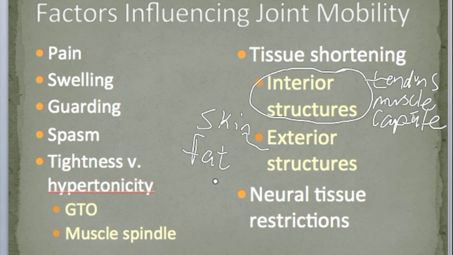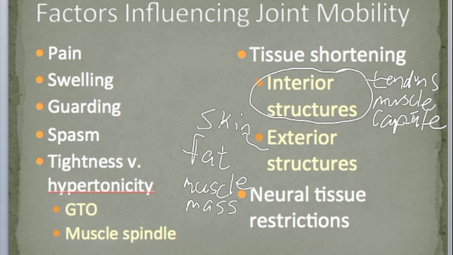If you have a physical block for that movement because there's excess tissue, then you have a limitation in movement, and then you can have changes in the muscle that are restrictive, even though they might look good. If somebody has a lot of muscle mass, and so then they can't bend an elbow all the way because of their giant biceps, or they can't get their arms all the way up overhead because of giant traps and deltoids, that can happen.